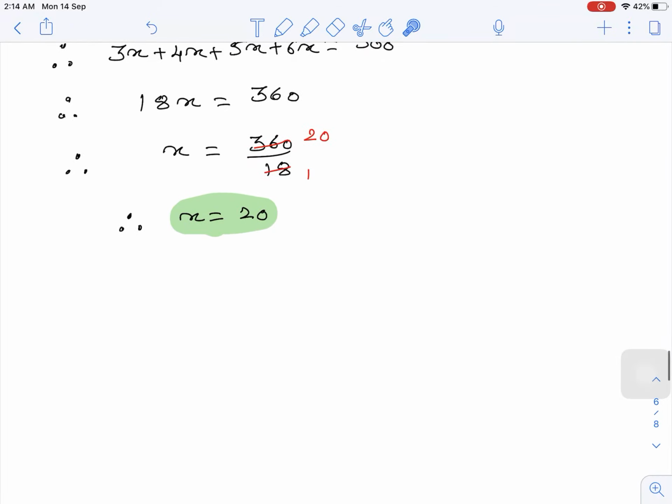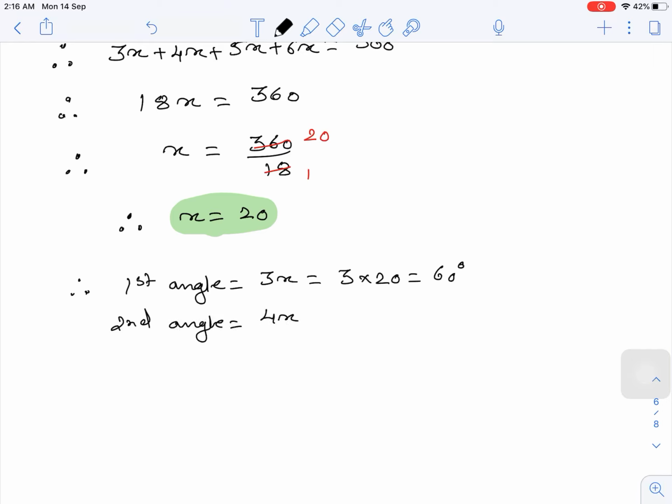Therefore, first angle equals 3x, which equals 3 into 20 equals 60 degrees. Second angle equals 4x, that equals 4 into the value of x, which is 20, so you will get 80 degrees.